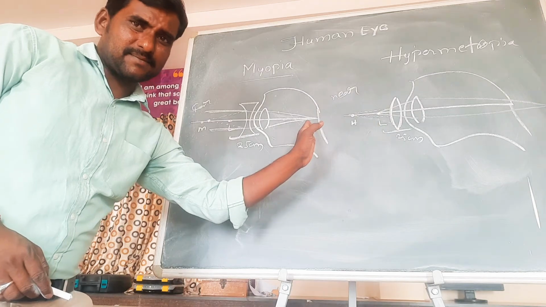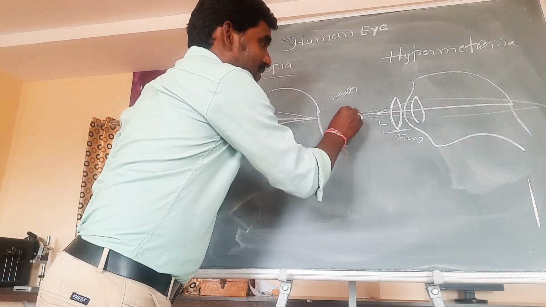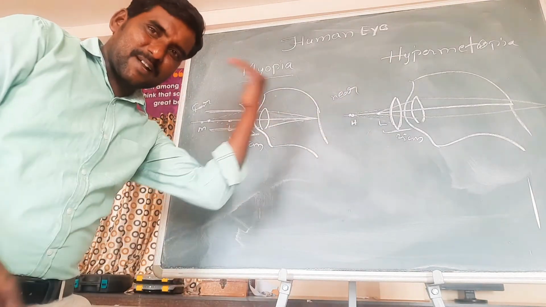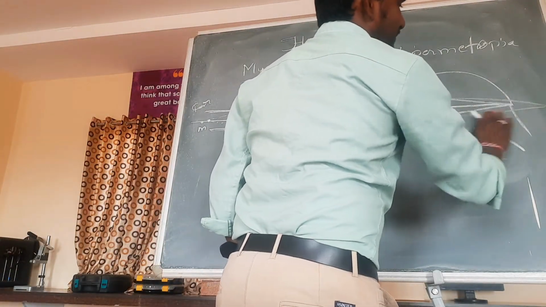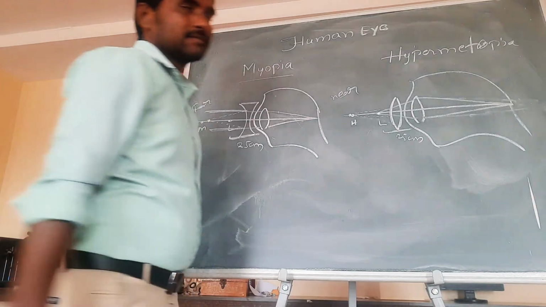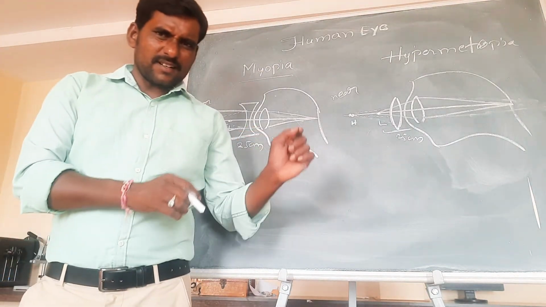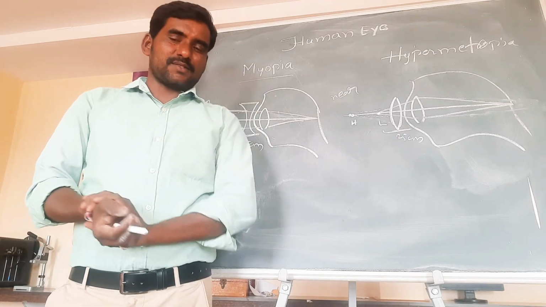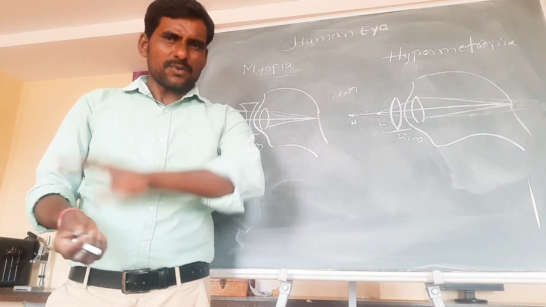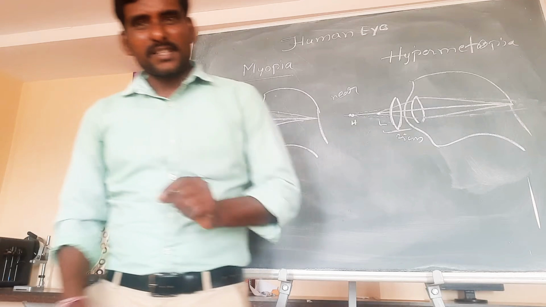After H, if the image is there, you can see clearly, because the image forms directly on the retina. So these are the correction ray diagrams. Sometimes they even ask about focal length also. How to do the focal length, we'll see. Questions.